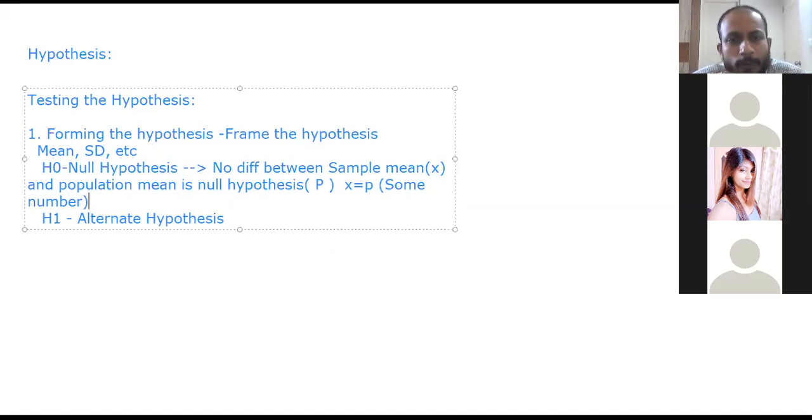So when we are solving the problem, you get to know more, but what you have to understand right now is that in the null hypothesis, generally I will be equating the sample mean with the population mean. When the sample mean is equal to the population mean, that indicates that there is no difference. Say for example, I'm taking a statistics class for AU as well as for BCU.